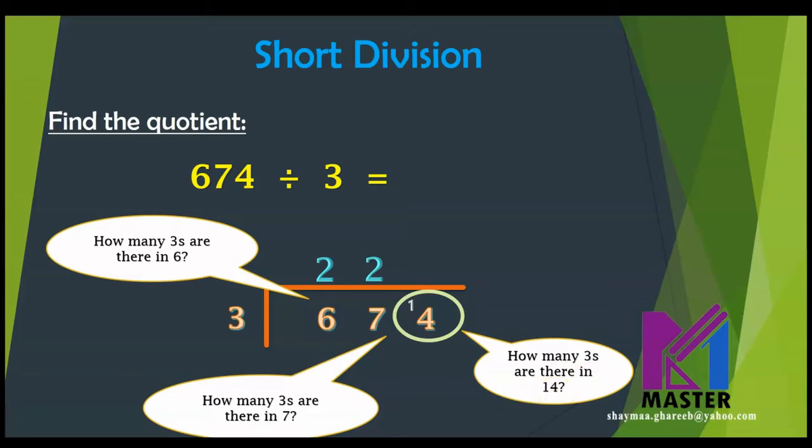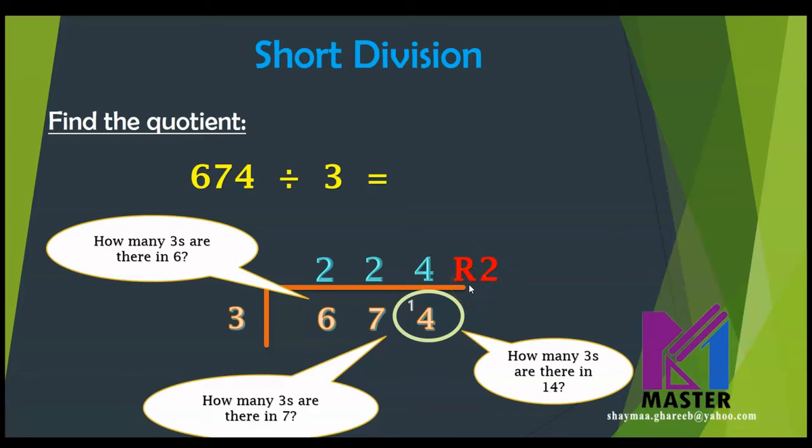Yes, there are 4 3's. Remainder, what do you think? Yes, remainder 2. As long as I don't have any more digits to the right, the remainder will be in my final answer.